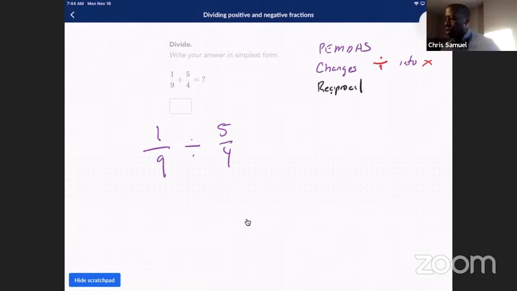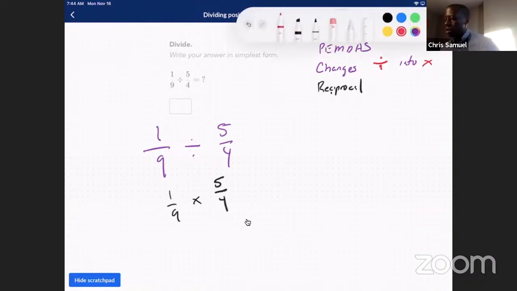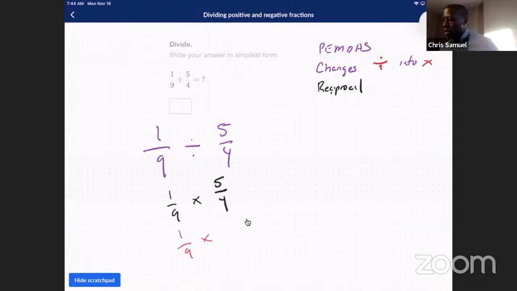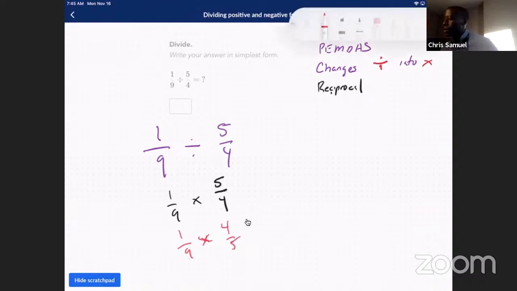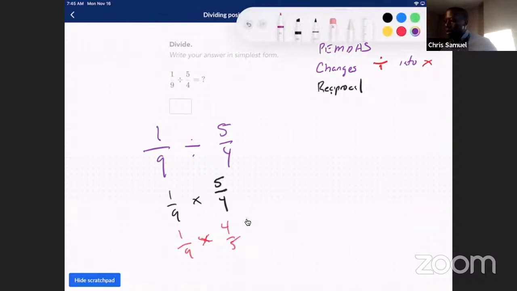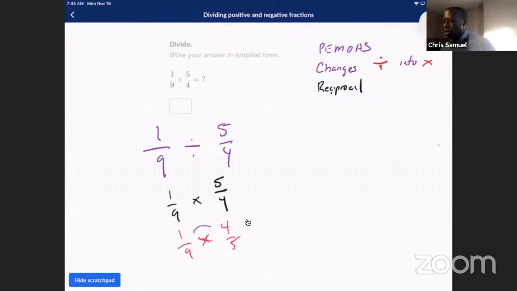So let's first do this, and then we do this. Then we can go ahead and do the multiplication. And then we check to see if we can simplify. So you have multiply, then simplify if possible.